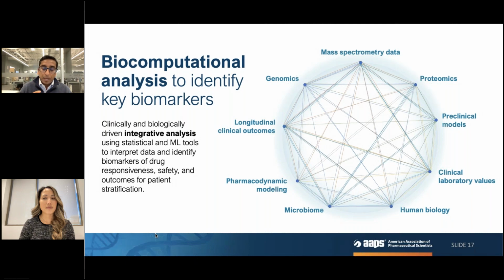And so while we think of this mass spectrometry small molecule biomarker data as our new data that's being generated, this data is often integrated in a very complex fashion with genomics and proteomic markers, with longitudinal clinical outcomes, with preclinical data and preclinical models, with pharmacodynamic modeling, with microbiome measures, with other metrics surrounding human biology and even clinical laboratory values. And it's really the nexus of this integration of this multi-omics approach that leverages small molecule measures together holistically with these other markers that enables the greatest degree of discovery.